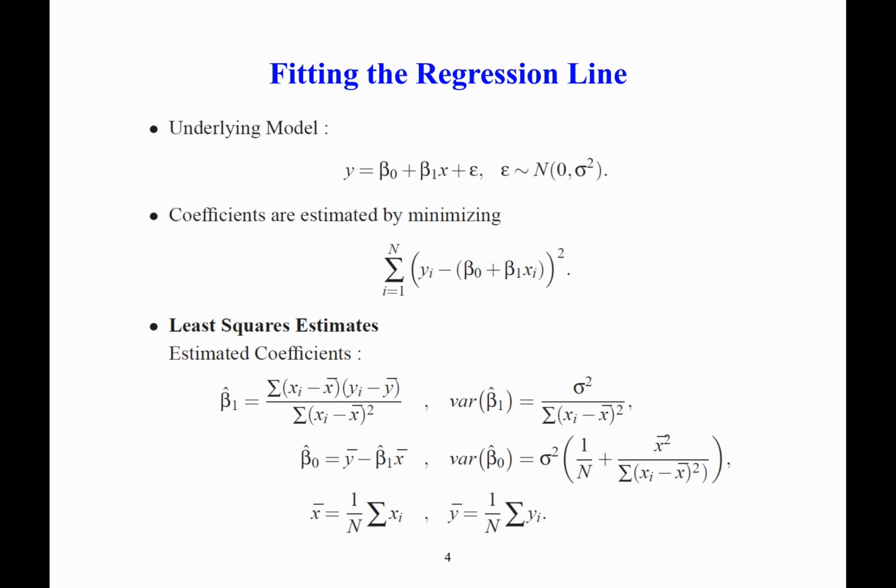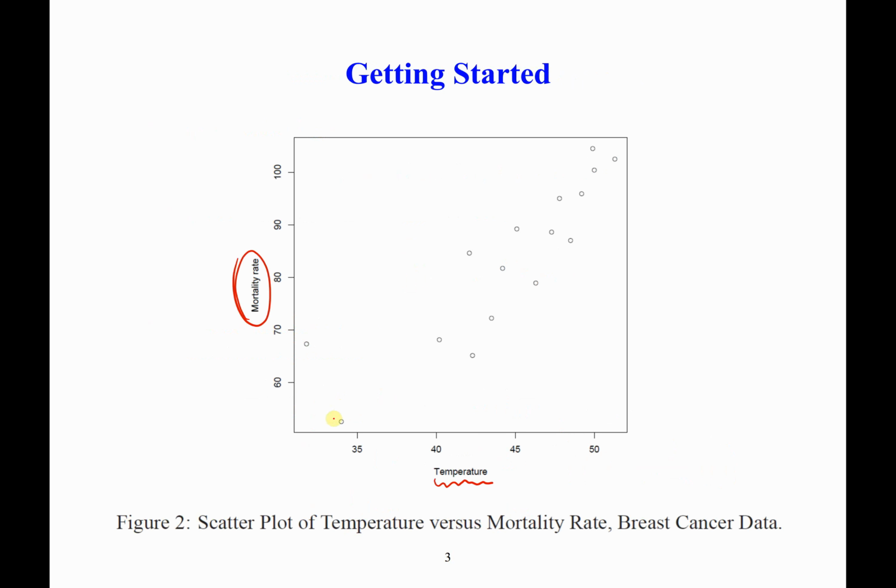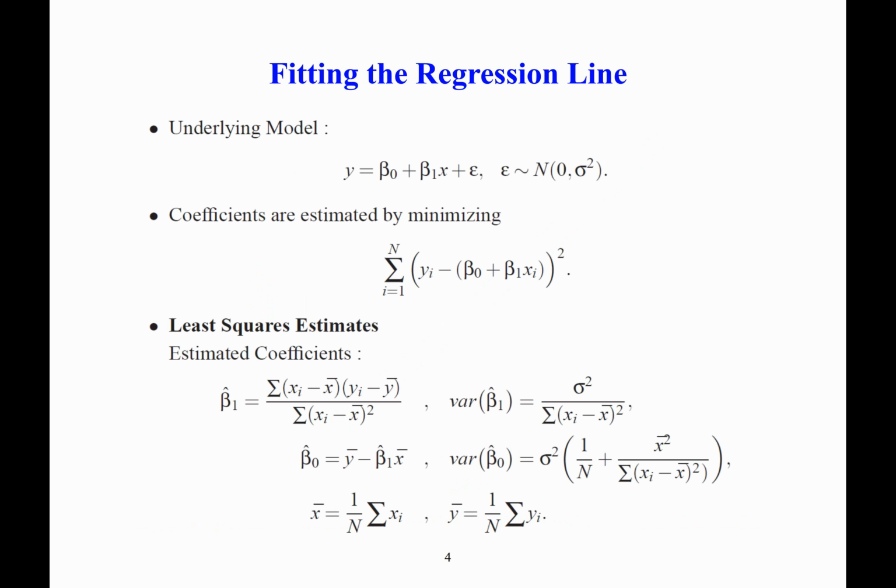Now, what we want to do is find the underlying model as we discussed in the previous lectures. So how to identify this underlying model? What we are going to do is the least square estimation. The underlying model is y equals beta 0 plus beta 1 x plus epsilon.